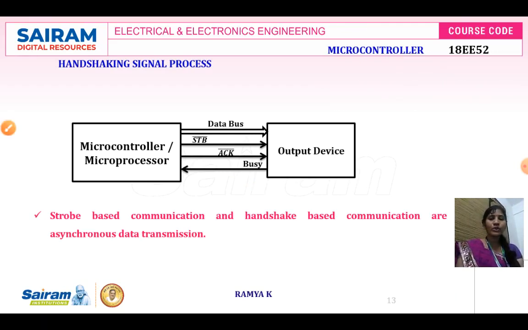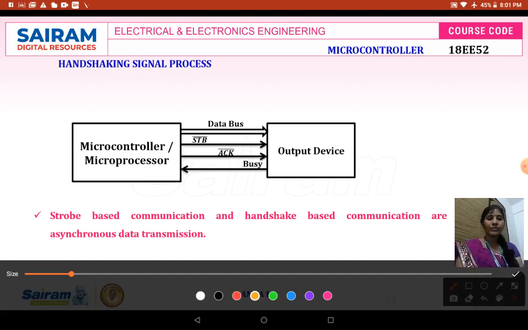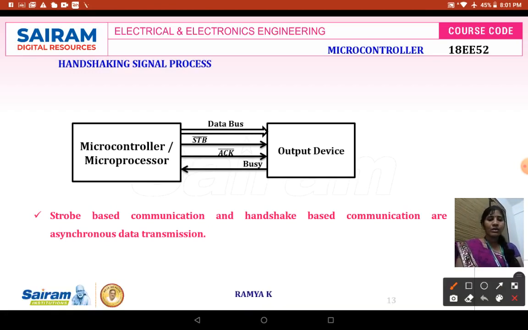There are two types of communication. One is strobe based communication, and another one is handshake based communication. Both are asynchronous data communication. Why are we calling it asynchronous data communication? When you look at this diagram, there is no clock signal available.